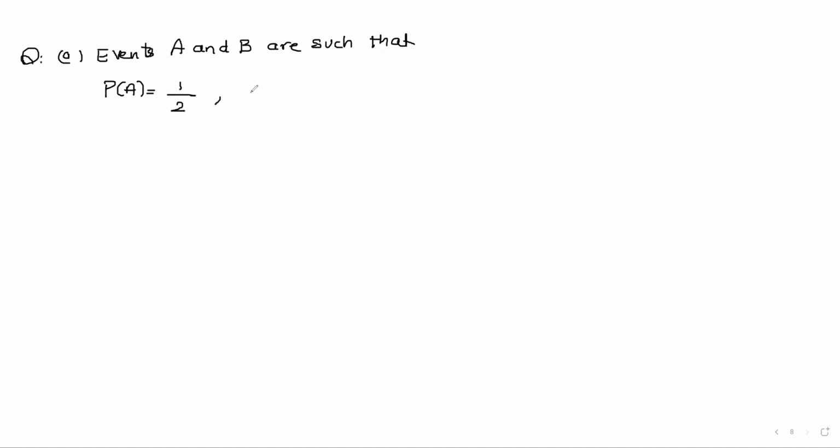The question is events A and B are such that probability of A is equal to 1 by 2, probability of B is equal to 7 by 12, and probability of A union B is equal to 1 by 4.